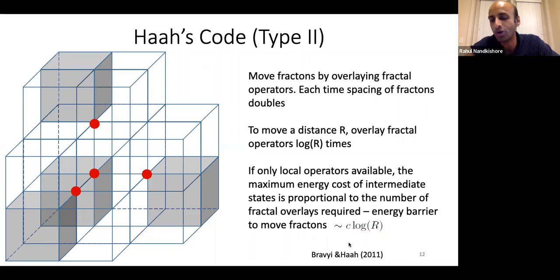It grows as log R when you try to move things. So again, that comes from analysis of Haah's code, which is also exactly solvable, but Haah's code is complicated, and I don't want to go into it too much. In today's talk, the main thing I'd like you to take away is that there's this log R energy barrier growing with distance in Haah's code. And we'll come back to that later because it has some interesting consequences.